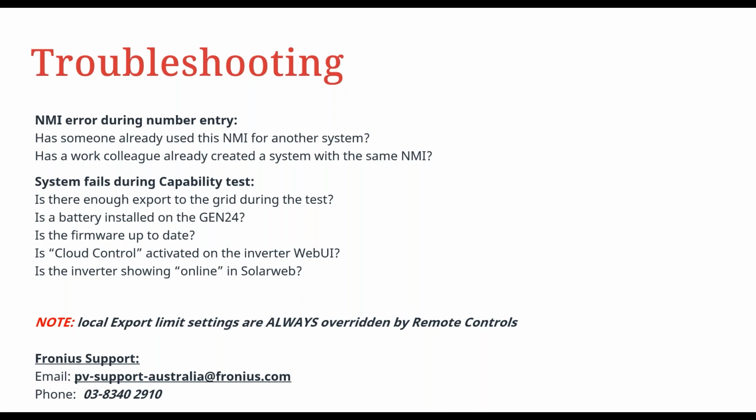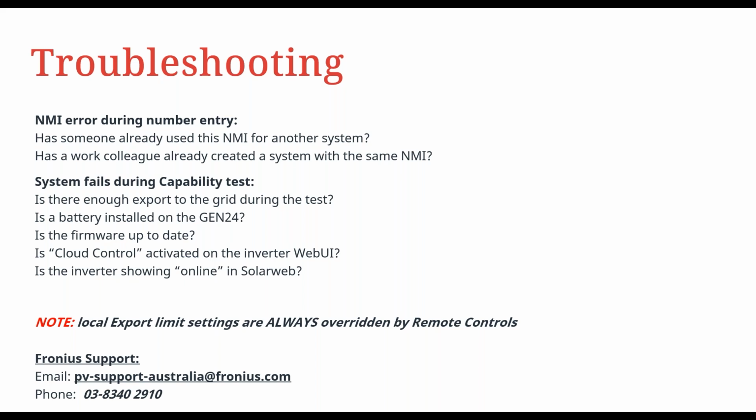Some of the things we've noticed with a similar type of mechanism for flex exports in South Australia. First, the NMI. If the NMI is incorrect, we have a checksum or regex-type check in there, which checks whether that NMI is a valid one for that DNSP, or it might come up with an error if it's already been used.